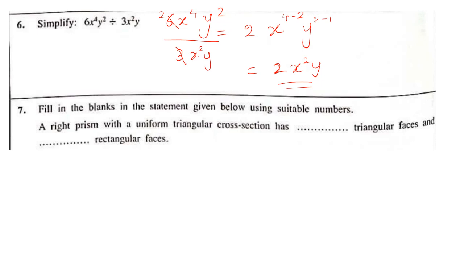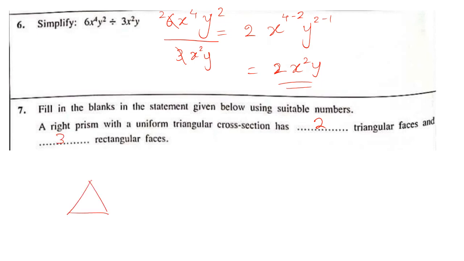And fill in the blanks in the statement given below using suitable numbers. A right prism with a uniform triangular cross section has actually two triangular faces and three rectangular faces. It is something like this.